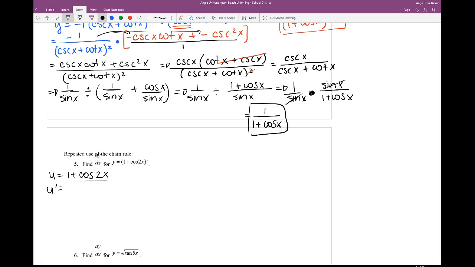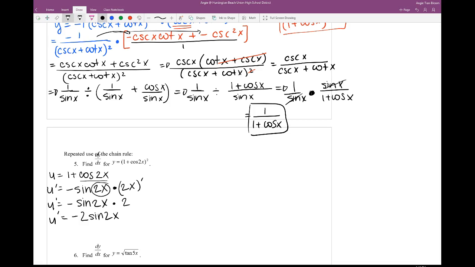The derivative of cosine of 2x is negative sine of 2x times the derivative of the inner. So u prime is negative sine of 2x times 2. That is the derivative of 2x. Let's make this pretty. So u prime is negative 2 times sine of 2x, okay?